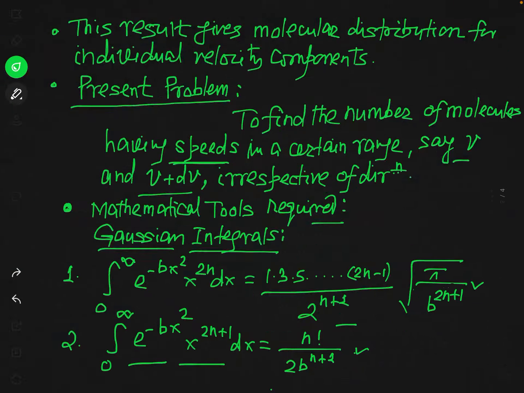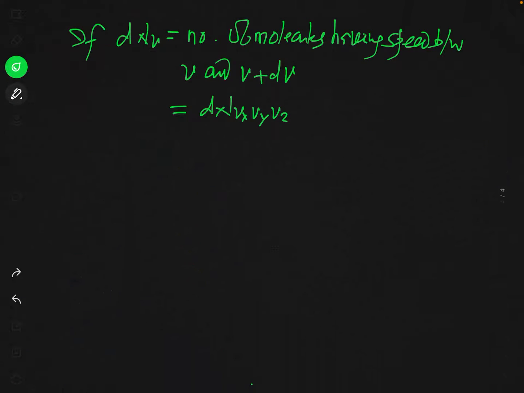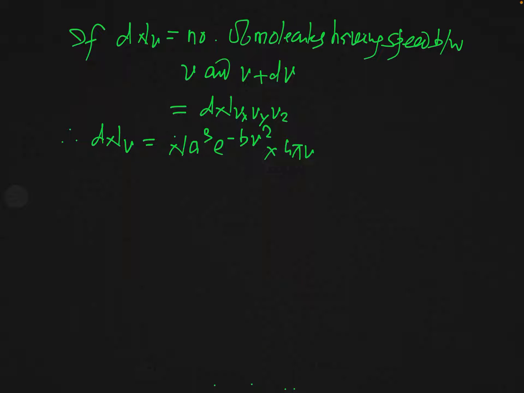So making this result to be substituted in that equation, we will have therefore dnv equal to n a cube e raised to the power minus bv square, and times, instead of dvx dvy dvz, now we will write 4 pi v square dv.